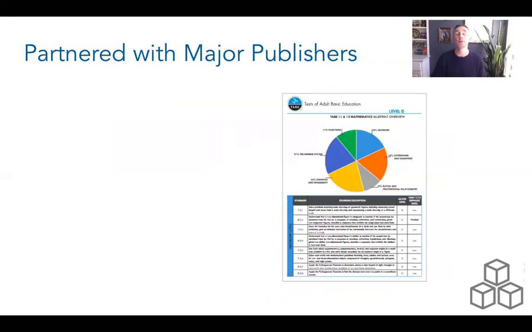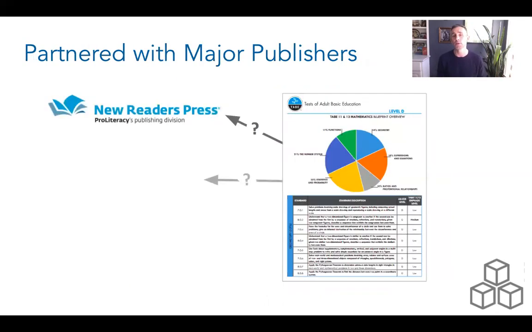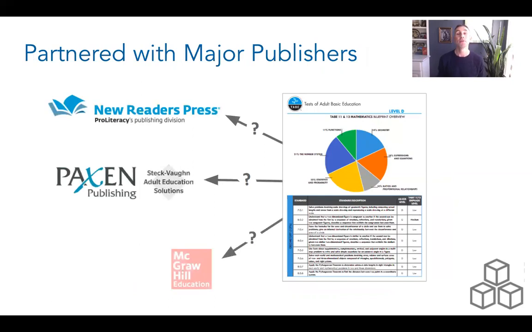The second thing that we have done is work with publishers to gather their alignments of their resources as well. If you go to any publisher website and look for resources, they typically have PDFs that you can download of their standards alignments, of their TABE alignments, and other resources that you can use.